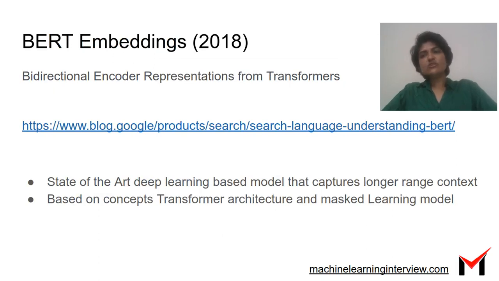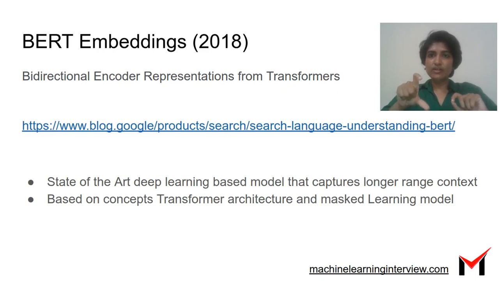And again, just to get a little bit more intuition about how BERT works, we saw that in word2vec, we were taking a particular word and trying to predict its context, and in that process, whatever is in the middle layer of our neural network became the embedding, right? If you remember. In BERT, you randomly remove some words from the sentence, so it's called masked learning, and then you try to predict those words.